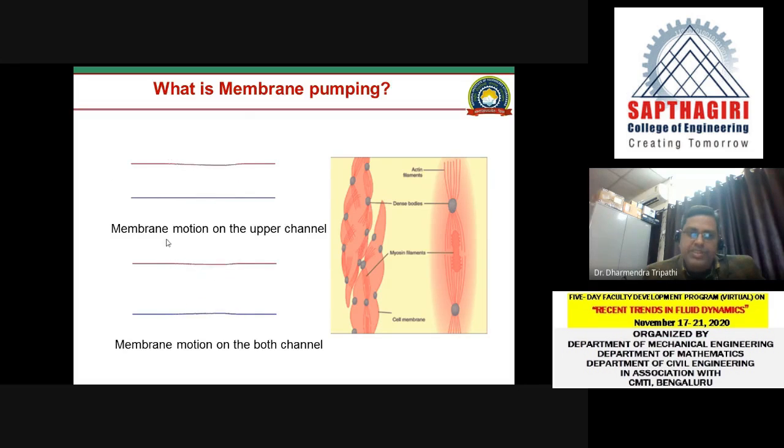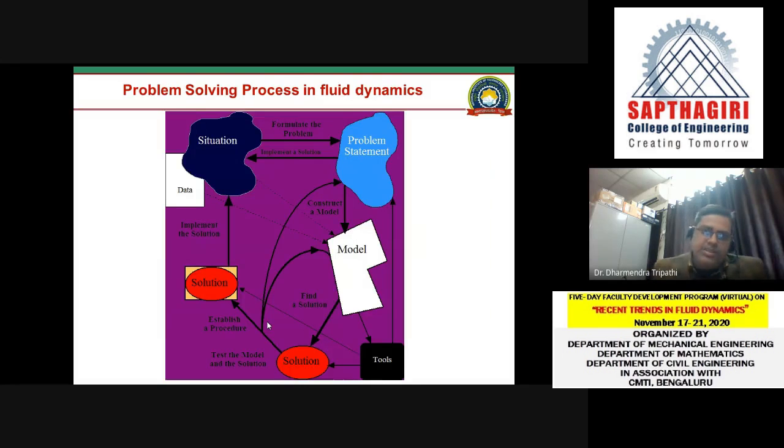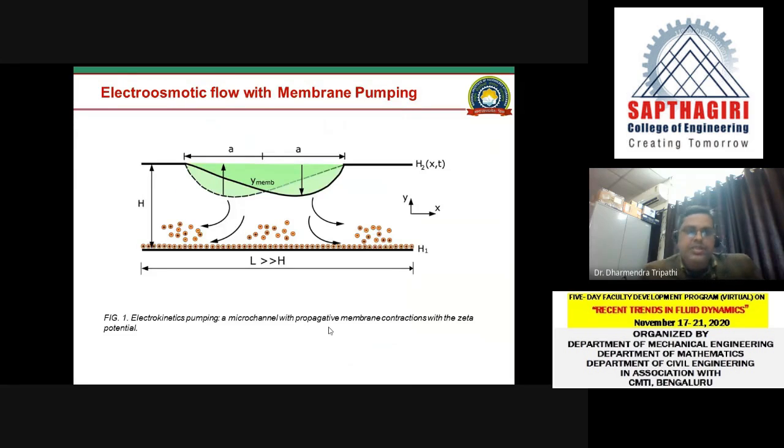So these are the membrane motions, or motion due to membrane pumping. We have applied this membrane in the upper wall only, and here in both the walls, lower as well as upper. This is the complete cycle of how to do the modeling. I will not give much time because we are lacking time. I don't know how to manage.